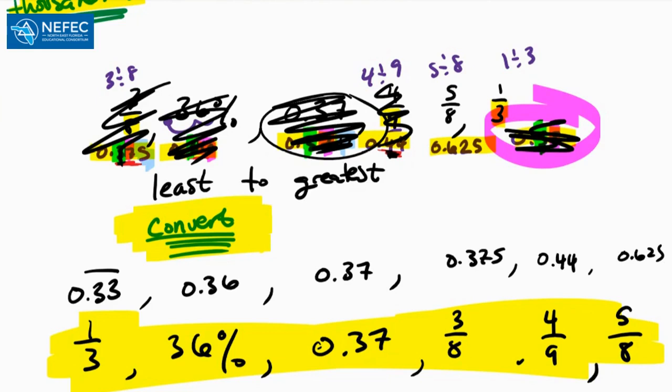If we have all fractions, fractions need either a common denominator or a common numerator to compare. If we have all decimals or all percents, then we can easily make those comparisons.